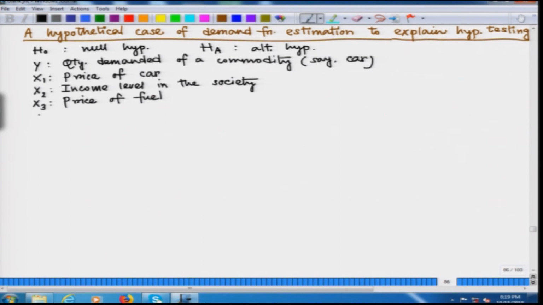Then x4 could be the price of some alternative commodity like two wheeler.